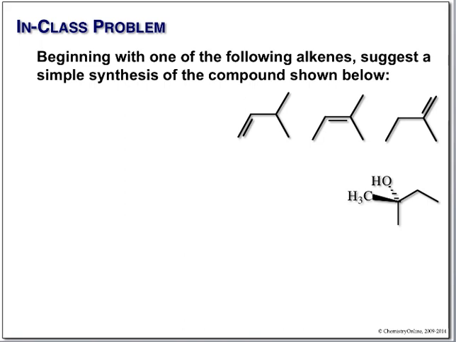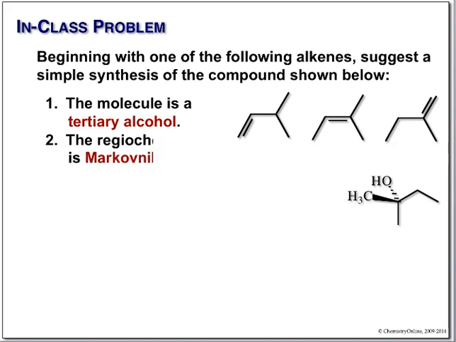All right, step one, what kind of compound is it? Well, it's an alcohol. Not only that, but it's a tertiary alcohol. Because it's a tertiary alcohol, that means that our regiochemistry is Markovnikov. That means that the OH is bonded to the carbon that would give us the most stable carbocation.